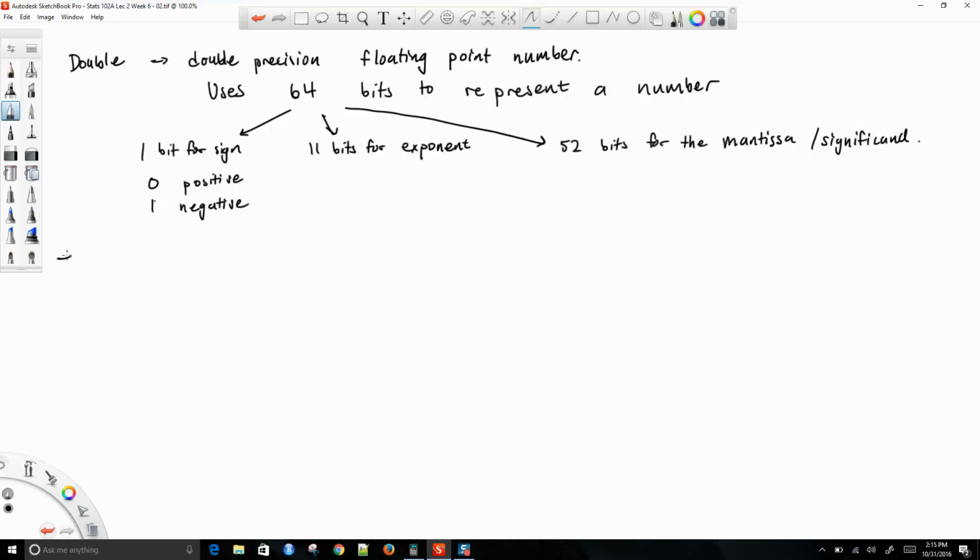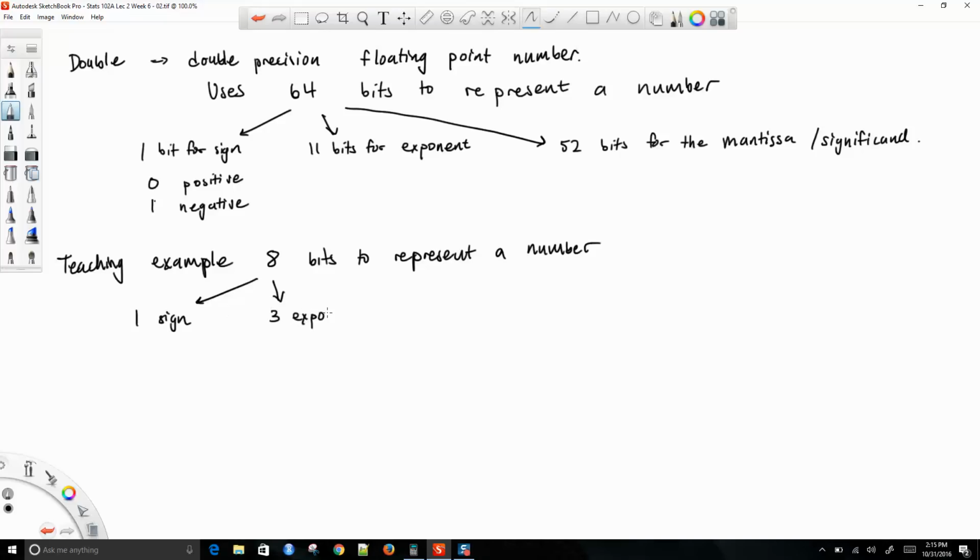So our teaching example, we'll have 8 bits to represent a number: 1 for the sign, 3 for the exponent, and the remaining 4 for the mantissa.